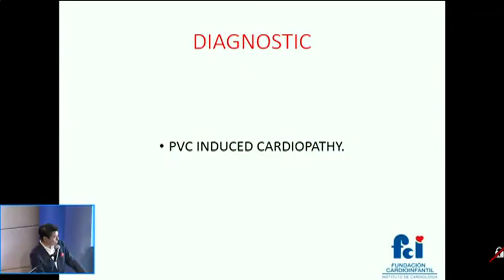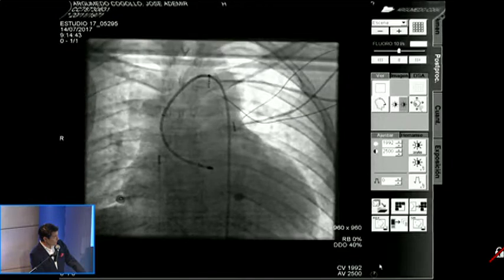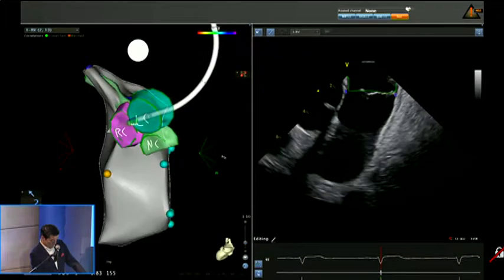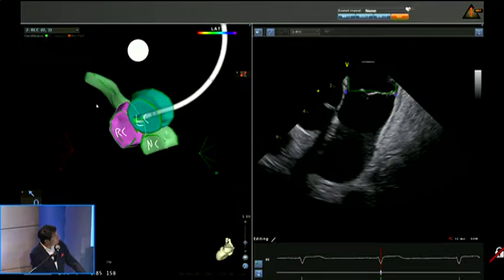Well, I don't know whether we can show a CARTO on the screen. Yeah, the mapping system. This is the other CARTO screen.